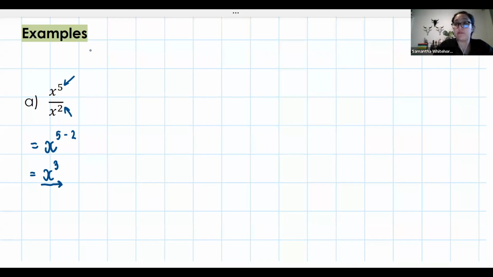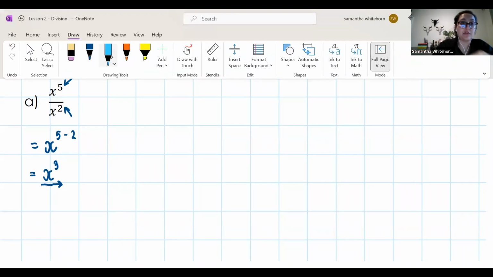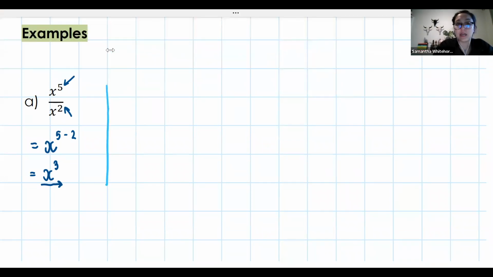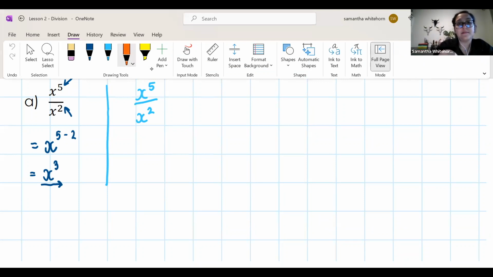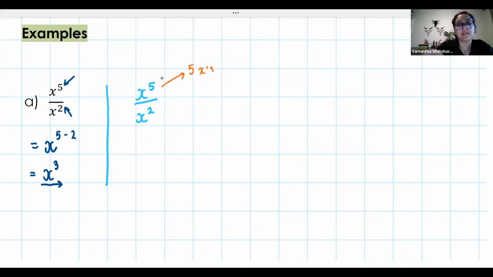So that's absolutely fine. No problem with you doing that. By all means, go for it. Another way we could deal with this, though, is we could cross cancel. And this is the method I personally use. I like this more, but this is also my personal preference. I know that I have got 5 x's in my numerator. So 5 x's at the top.